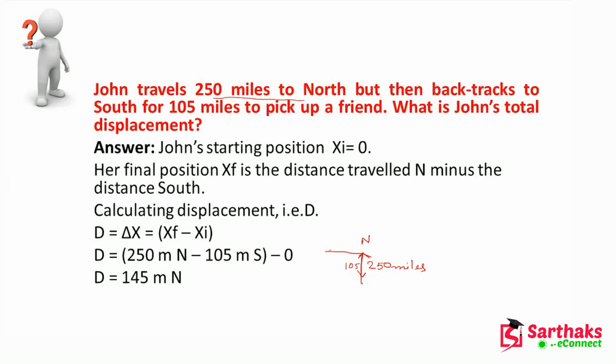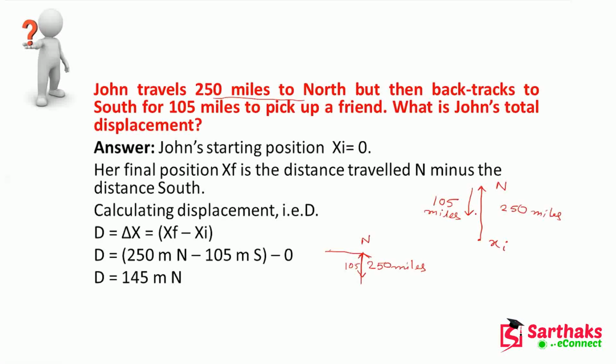So what is the initial point? I am drawing here. John started the journey from here, so this is your xi. Towards north, he has covered 250 miles. Then he forgot to bring one friend, to pick up one friend, so again 105 miles.